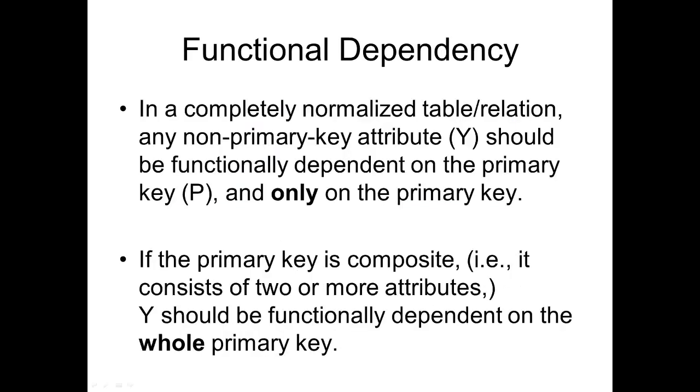As a rule, in a completely normalized table, any non-primary key attribute should be functionally dependent on the primary key and only on the primary key. If the primary key is composite, meaning it consists of two or more columns, the non-primary key attribute should be functionally dependent on the whole primary key.